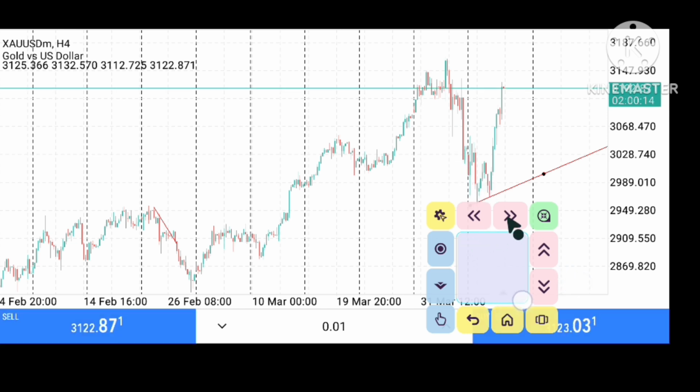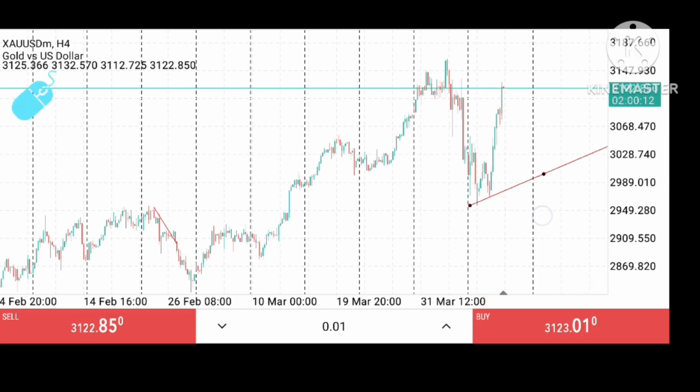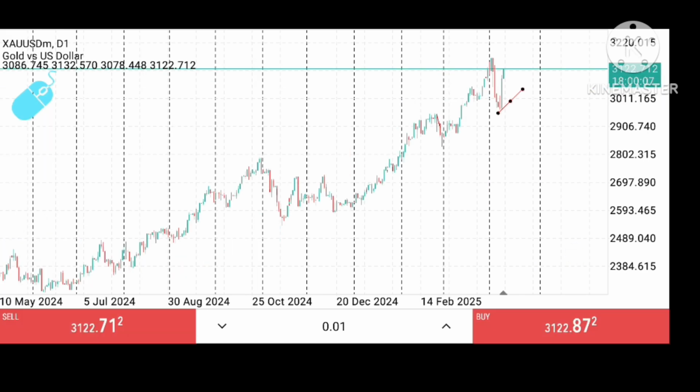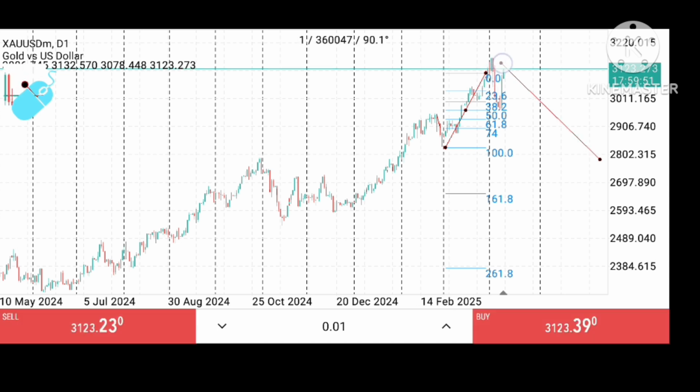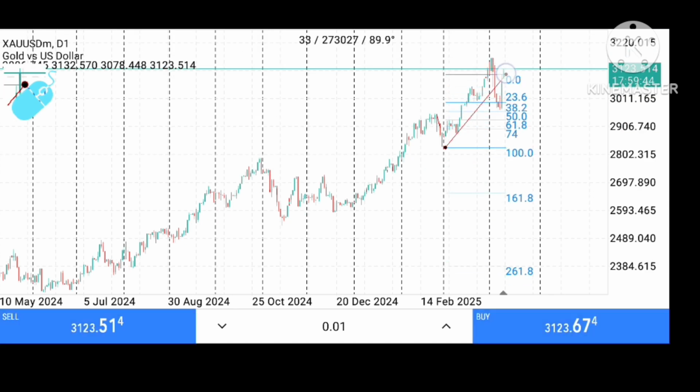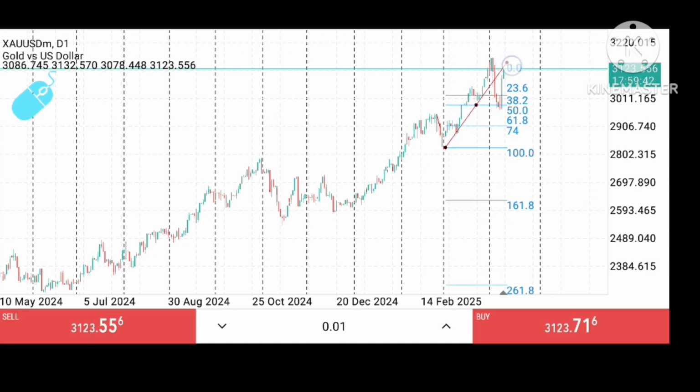If you want to calculate this retracement, we can calculate it using our Fibonacci retracement tool. Let's put our Fibonacci retracement tool on the chart, from this low to this high.